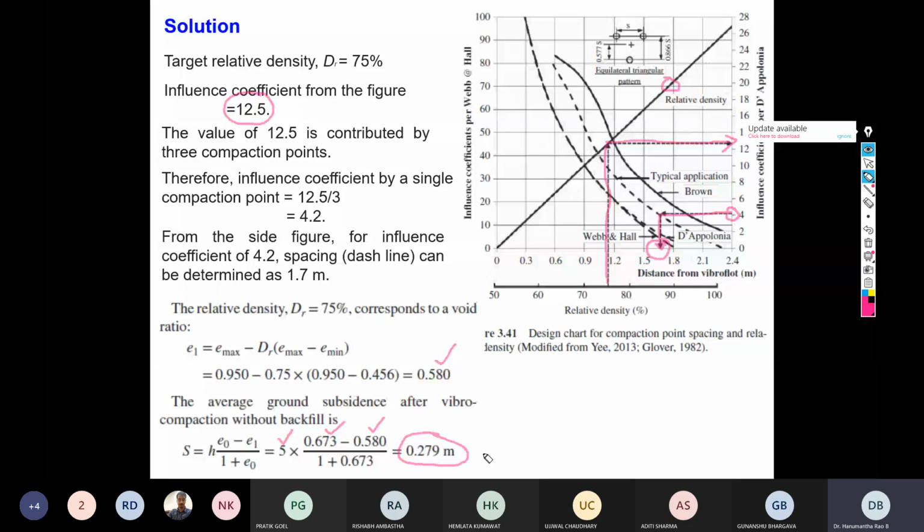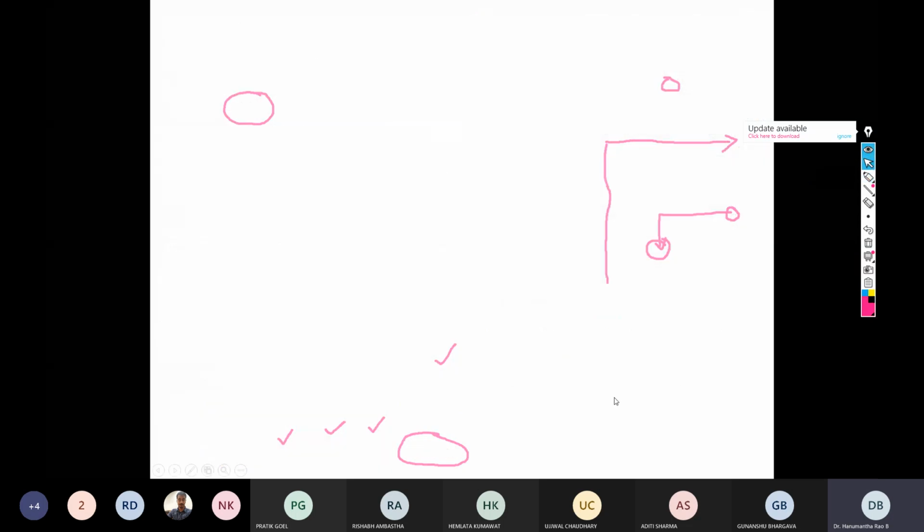So in a nutshell, if you try to adopt vibrocompaction on a 5 meter thick loose sand, we can anticipate a subsidence at the ground level of 1 feet for this void ratio. This is most important for the void ratio because the subsidence is highly related to the change in void ratio.